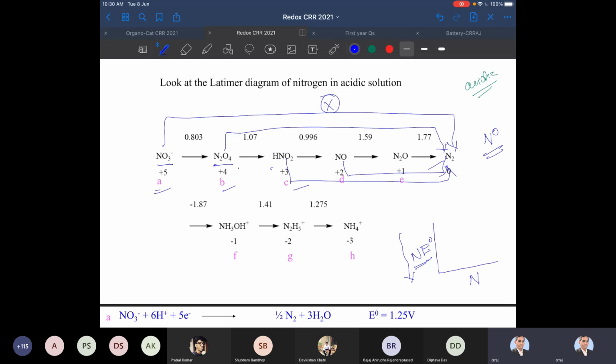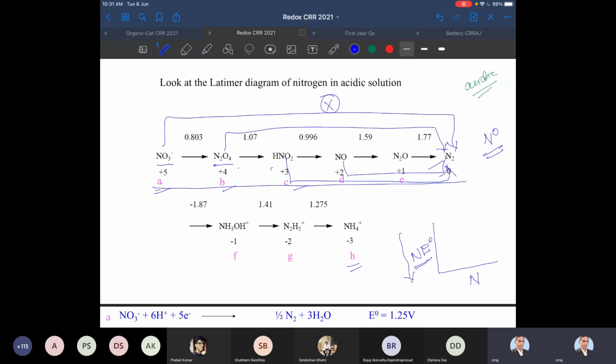In the same way, for each and every species you need to calculate the potential with respect to the elemental state. Then for the negative oxidation states, that is N2 to NH3OH plus, N2 to N2H5 plus, and N2 to NH4 plus, you will have the whole series of potentials calculated.